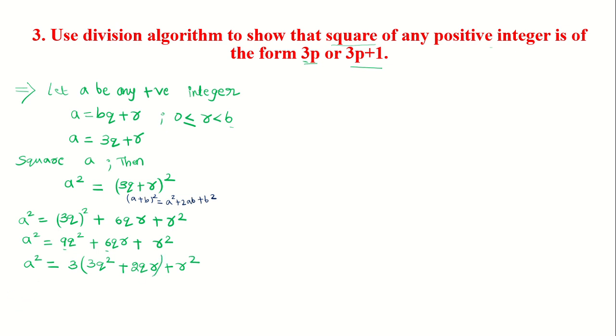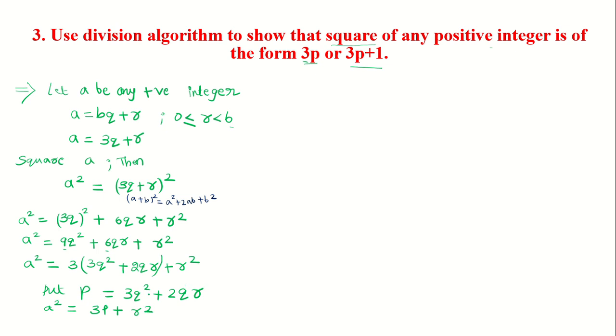Okay. Now put p equals 3q square plus 2qr. In place of this expression, place it as p. So what equation will you get? a square equals 3p plus r square.